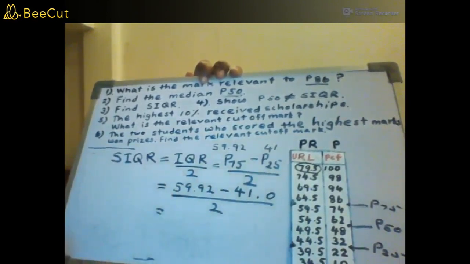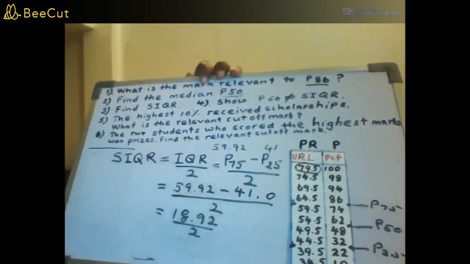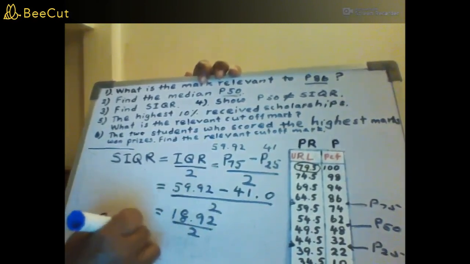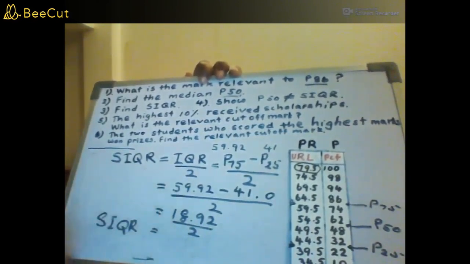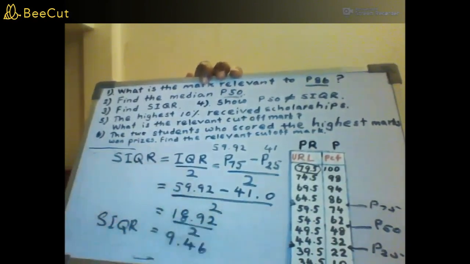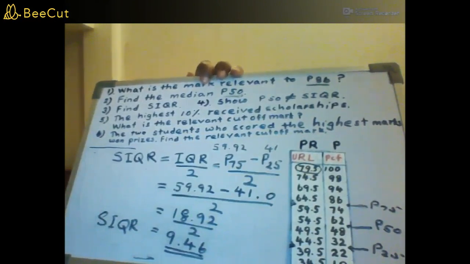So the total here is 18.92 divided by 2. So our SIQR equals 9.46. That's the answer. 9.46.